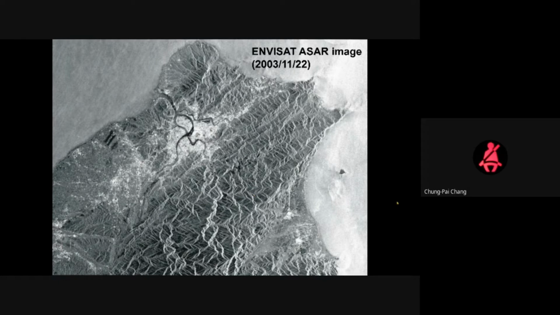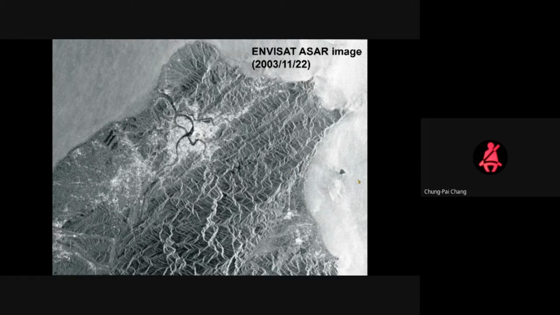And almost all the radar satellites, the default looking direction is to their right-hand side. So this satellite, we can know at this day, was moving from the north to the south, and was looking to its right-hand side from east to west and acquired this image.